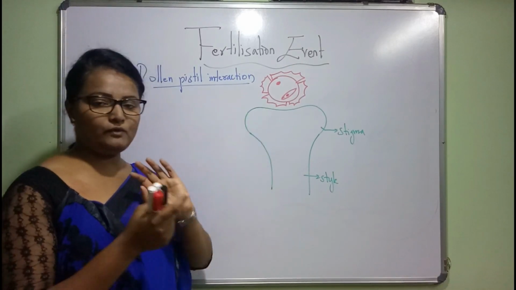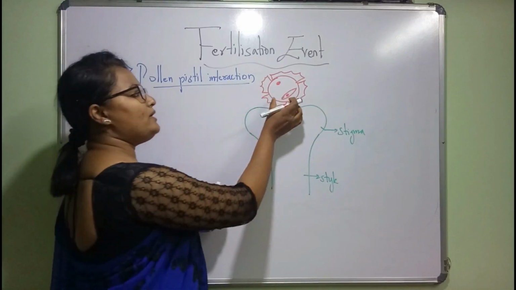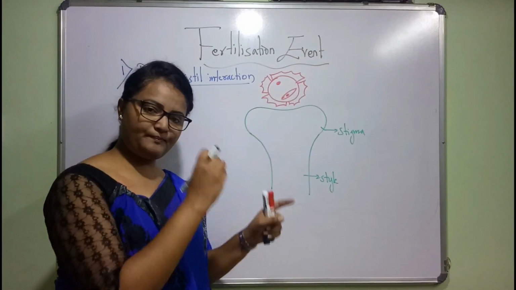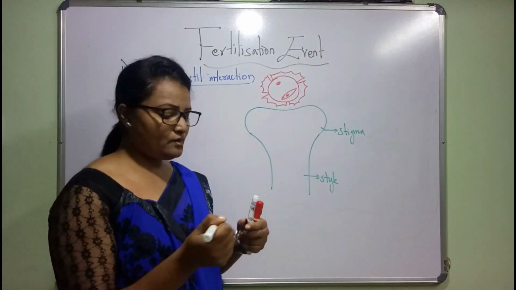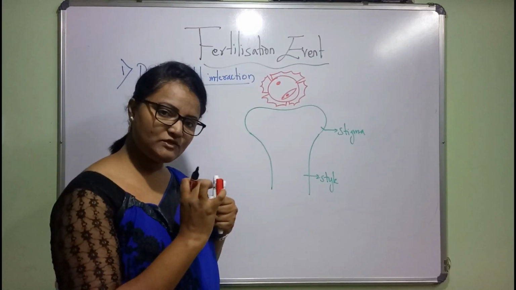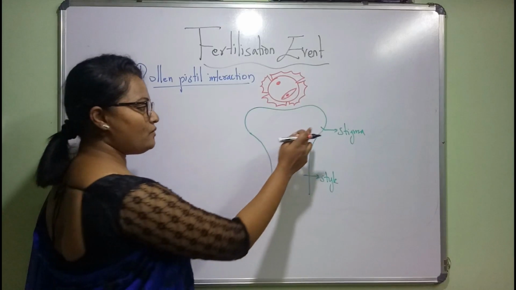Now just imagine this pollen grain is the proper type of that pistil species. During that, they interact and recognize each other. After recognition, what happens?